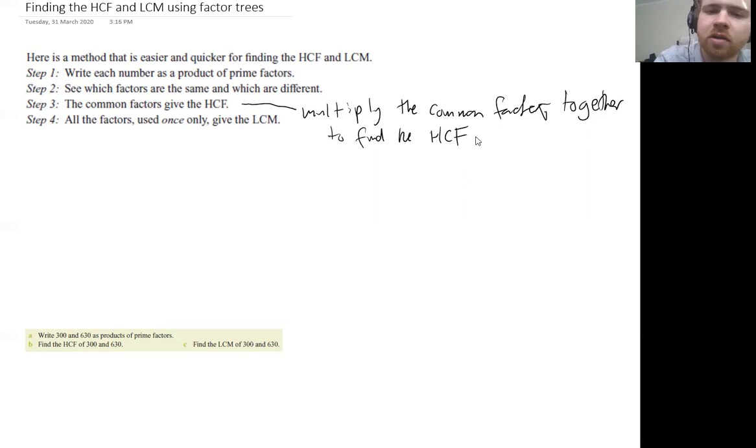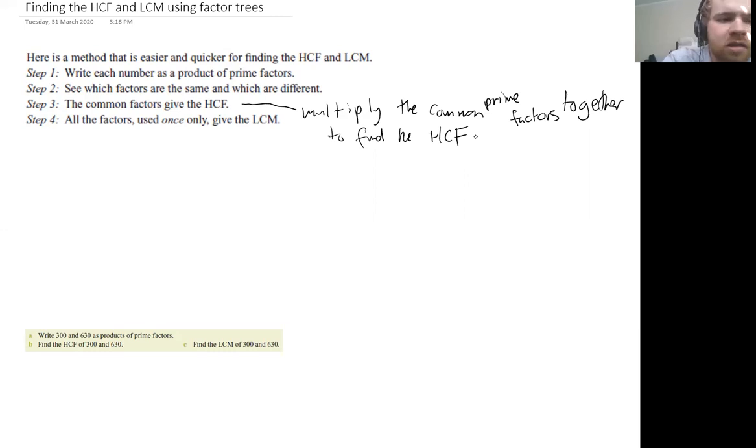So that's the common prime factors. Let me just neaten that up for you. So it's going to be the common prime factors. Multiply the common prime factors together and you will get the HCF.